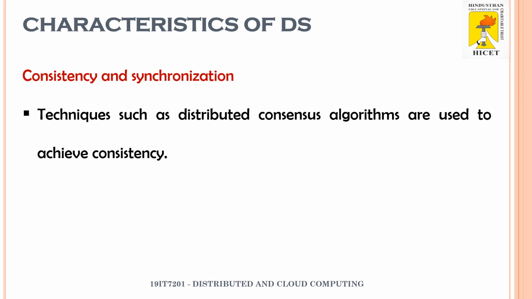For that, one of the important techniques to achieve consistency and synchronization is the consensus algorithm. When we make communication from one node to another node, we may follow group communications. That will be discussed in a separate session.